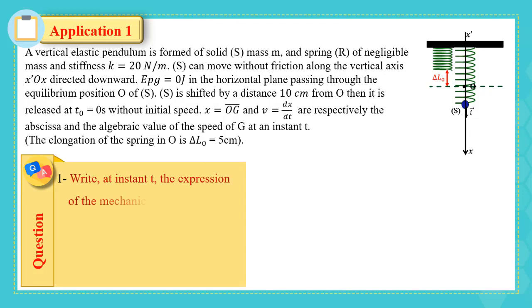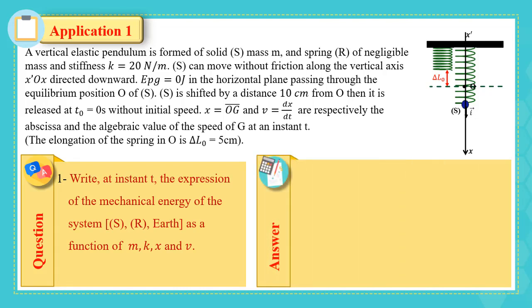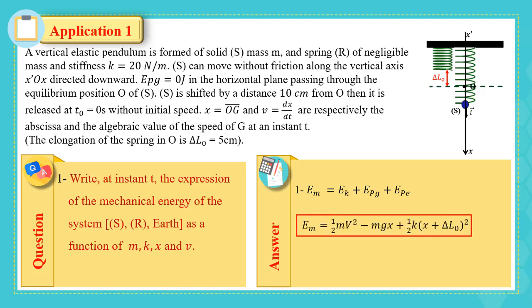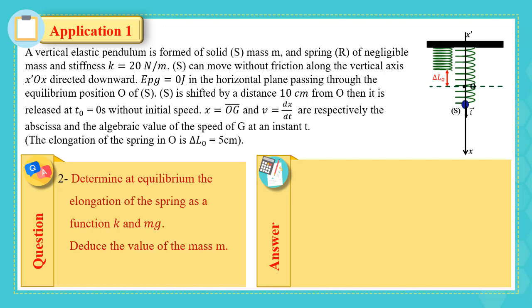The question is, write at an instant t the expression of the mechanical energy of the system as a function of m, k, x, and v. So we start with mechanical energy equals the kinetic plus elastic plus gravitational, and write its expressions: half mv squared minus mgx plus half k into x plus delta L0 squared.